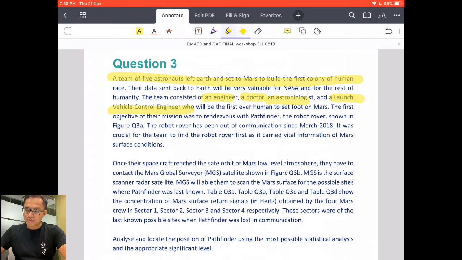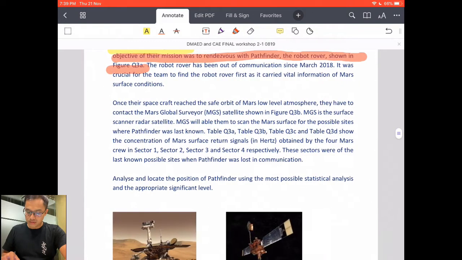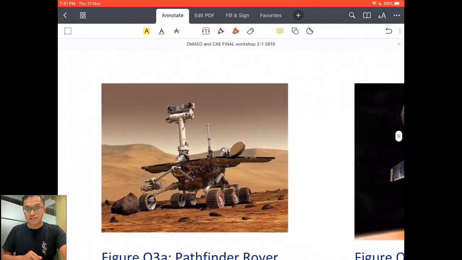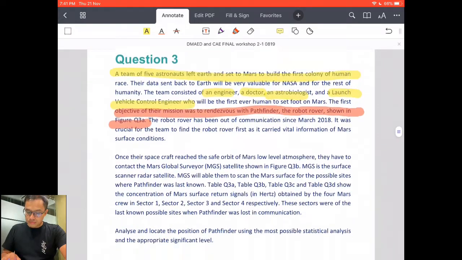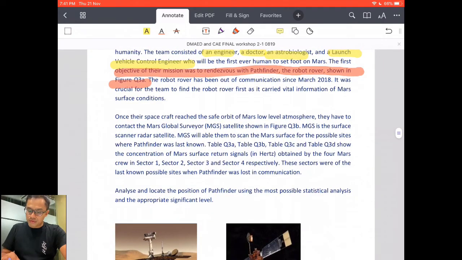Right, what is their mission? Let's use a red marker. The first objective is to rendezvous with Pathfinder, the robot rover, figure 3A. This is the figure there. They want to find this robot. Why do they need to find it?